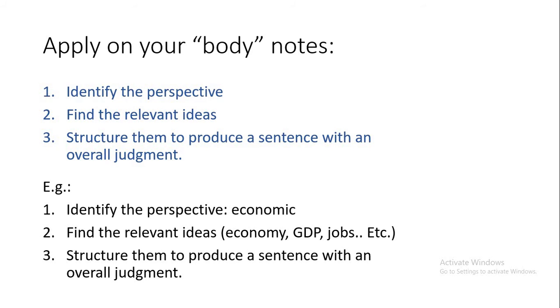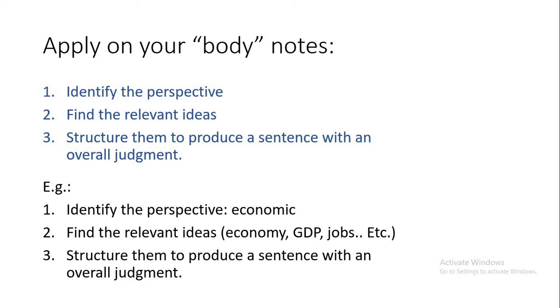Now, for the step of applying what we have discussed on your body notes that I have seen, or on any notes that you make for any topic, you need to identify the perspective. It must be sharpened and clear. You must find the relevant ideas, and you also need to structure them to produce a sentence with an overall judgment.